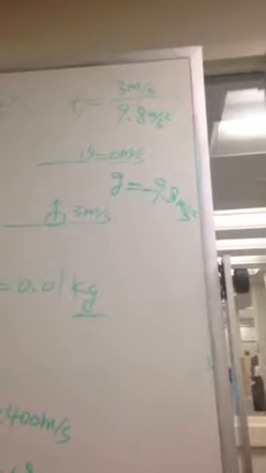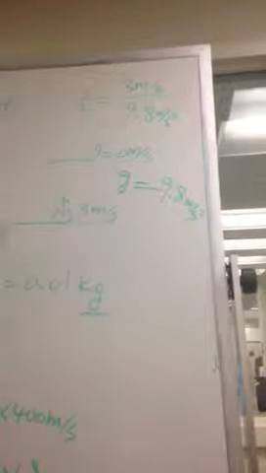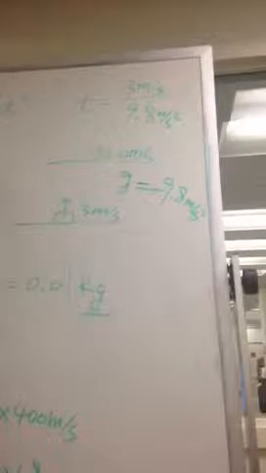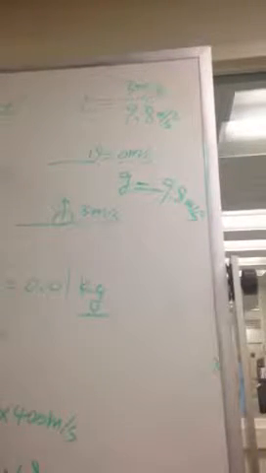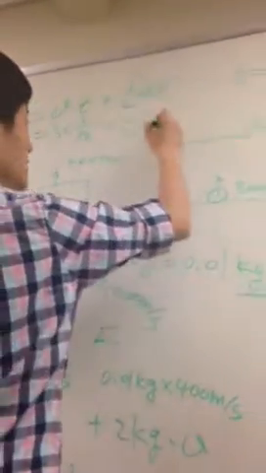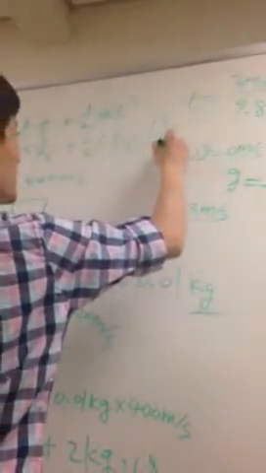And then you just need to plug in everything. You have a 3 times that's the time plus 1/2. Acceleration is negative 9.8. Then 3 over 9.8 square.